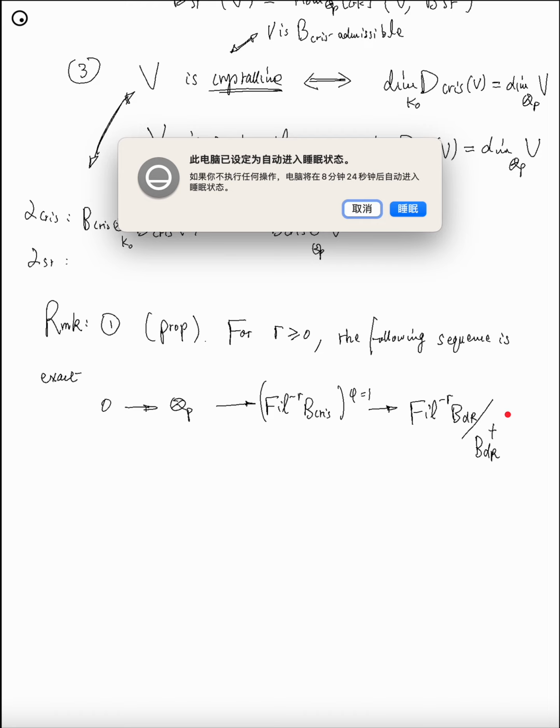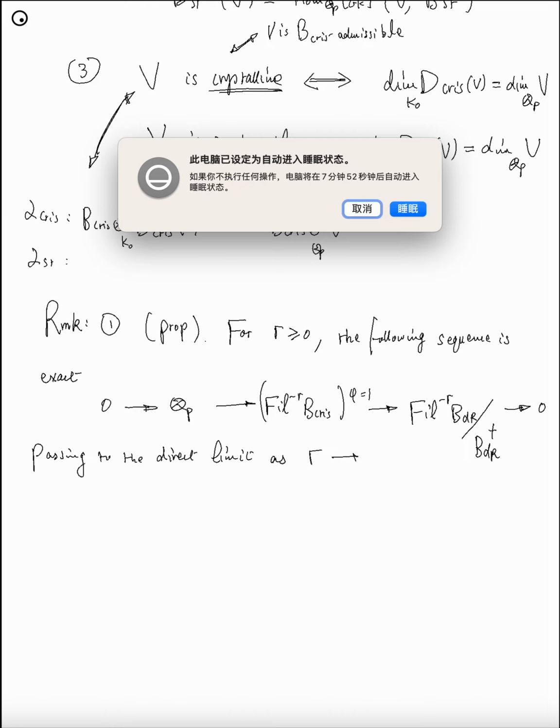So B_dR plus. Well, on B_dR we have filtration, very clear, but on B_cris the filtration comes from its embedding into B_dR, right? On B_dR, the filtration is given by B_dR plus times t to the power, passing to the limit, into the direct limit, let's see.